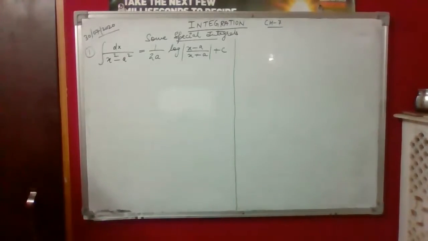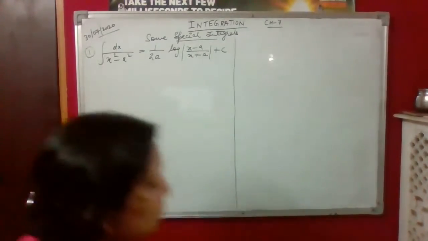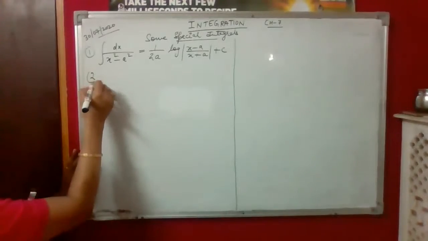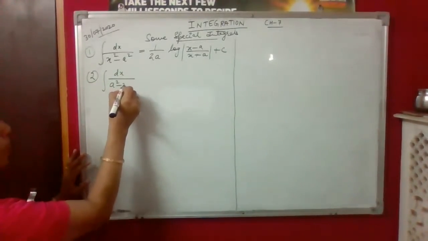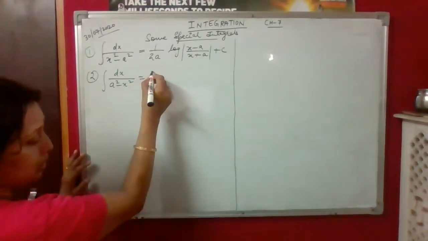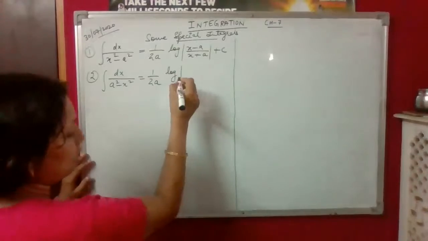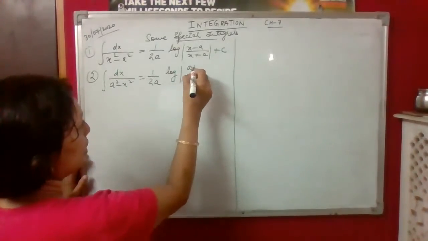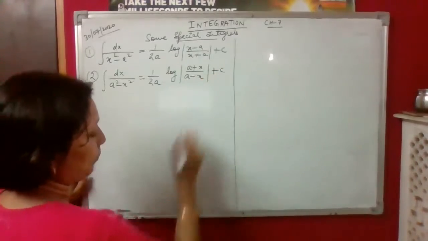Then we have similar integrals. If we have dx upon a square minus x square, then it is 1 upon 2a log of a plus x upon a minus x, plus c.